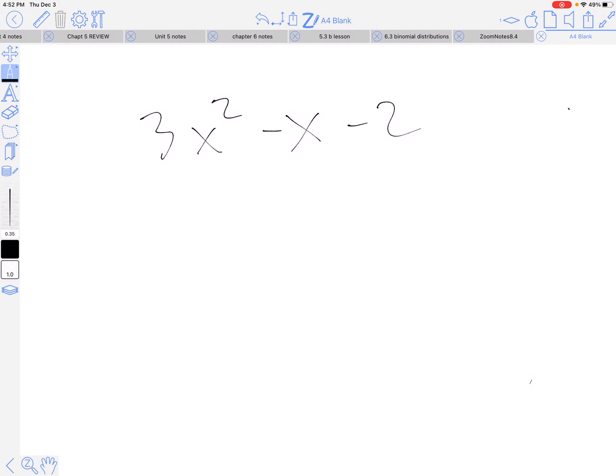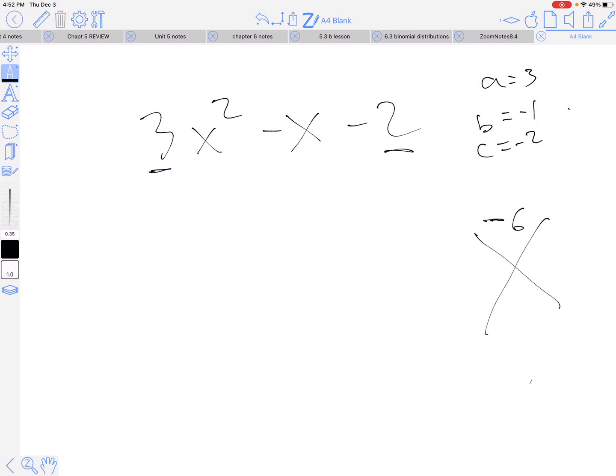All right, so remember the first step is you're going to take your a times your c, because those were both formed by multiplication. And we get -6. So our a is 3, our b is -1, and our c is -2. A times C, 3 times negative 2 gives us negative 6.